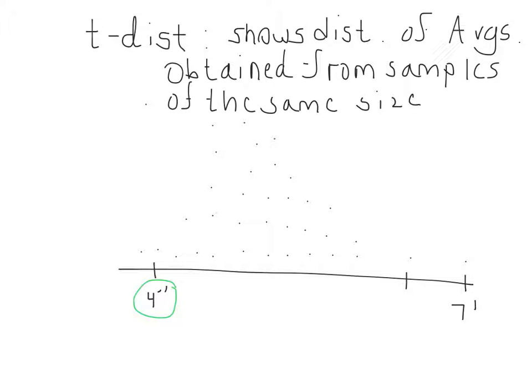So with averages that come from small samples, there's going to be a lot of variability in the average heights that we might get. Whereas when we look at averages that come from large samples, we would expect much less variability.